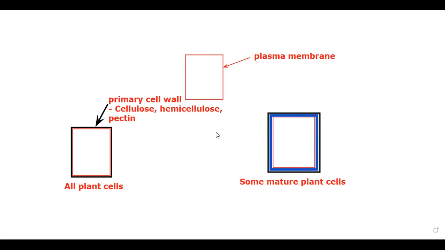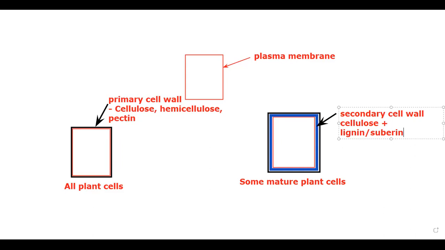So, what are the components available? The black one is the primary cell wall, the red one is the plasma membrane, and here what is present is the secondary cell wall. In this one, there will be cellulose plus mostly lignin, sometimes suberin.